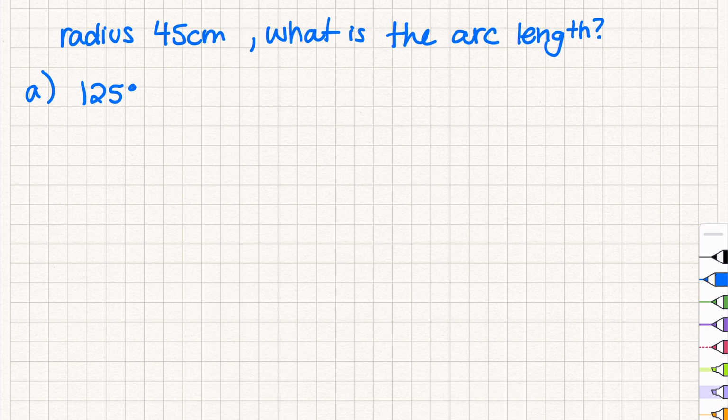So what would we do here? We would have x equal to 125 pi over 180, which when reduced would give us 25 pi over 36.